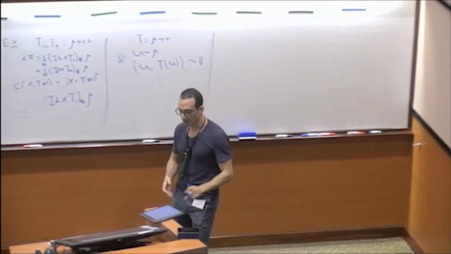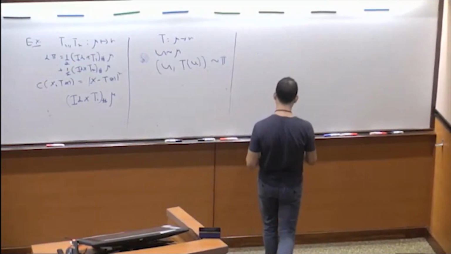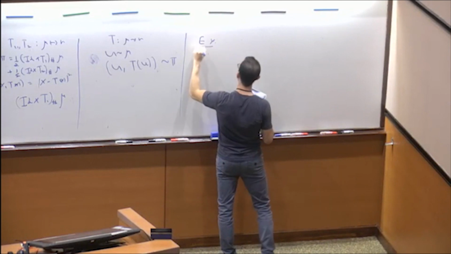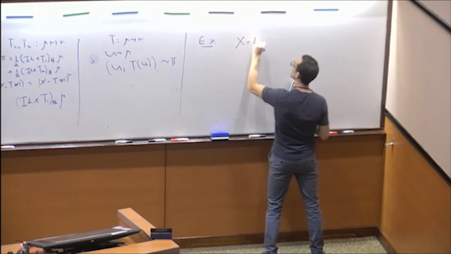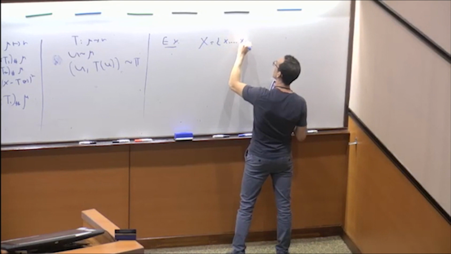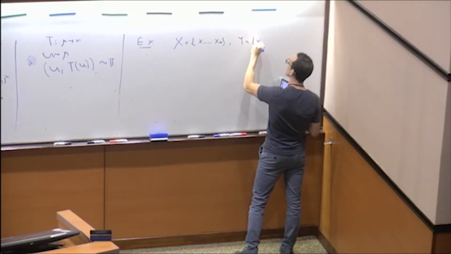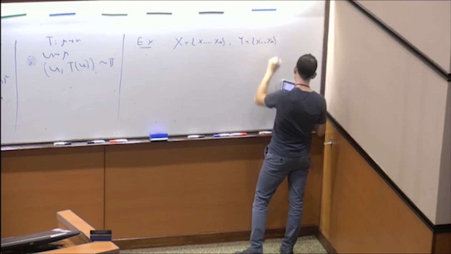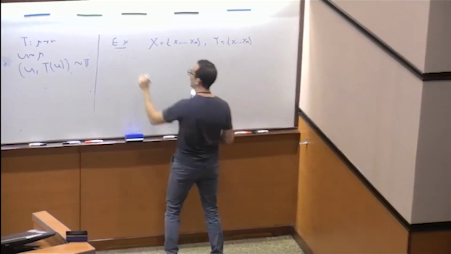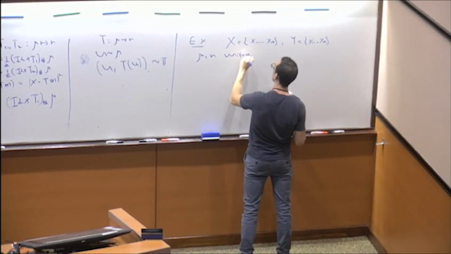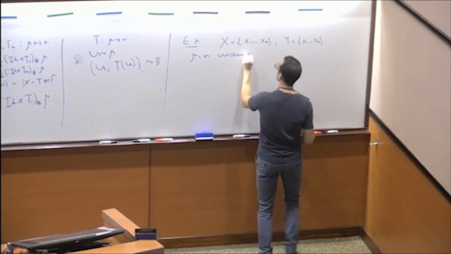So let's do the discrete case. Let's say that X is just a collection of points, x1 to xm, and Y is also a collection of points, y1 to ym. And let's take mu and nu to be uniform. What do we mean by that?